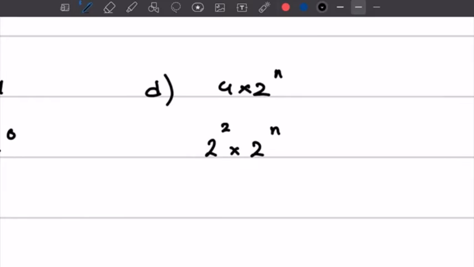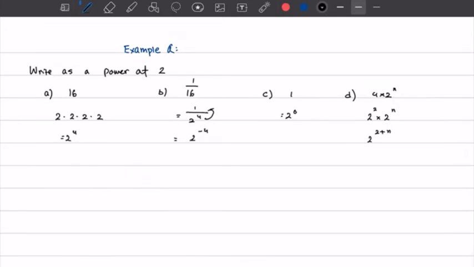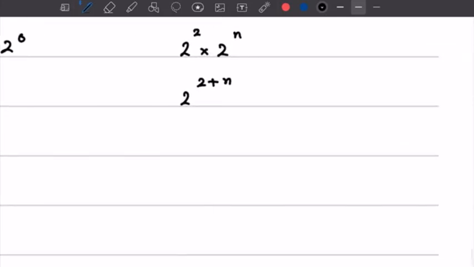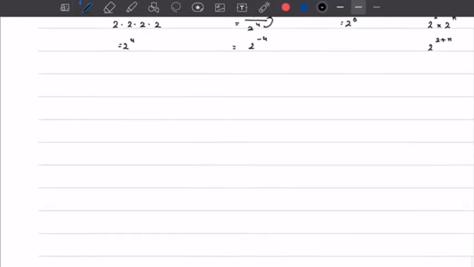So applying the first law, you can add the exponents, so you'll just get 2 to the power of 2 plus n. To do questions like these, I recommend you do questions 5, 6, 7, 8 from exercise 3D.